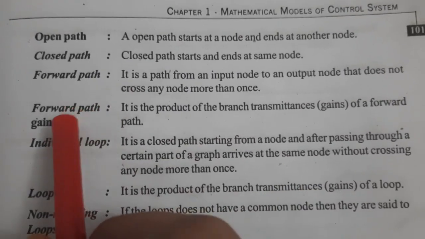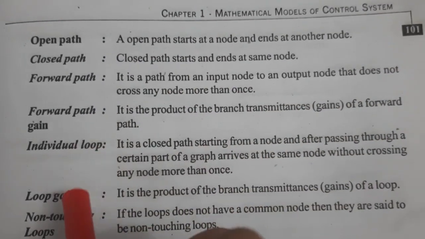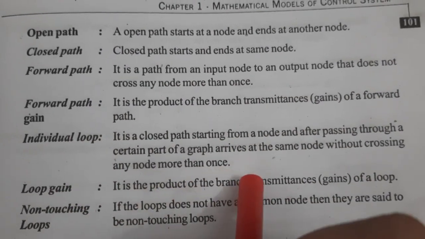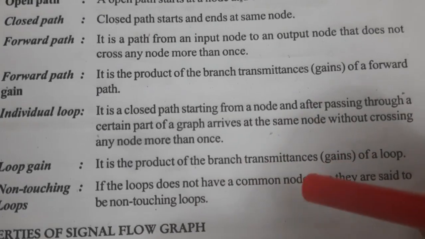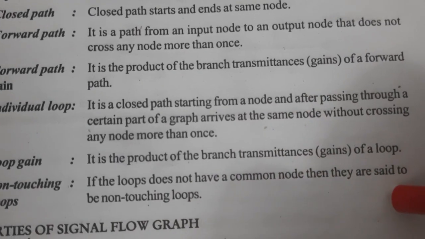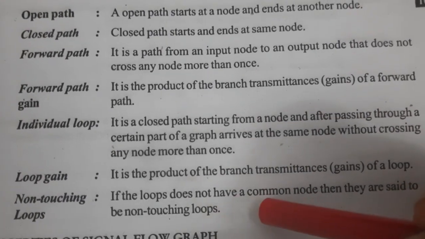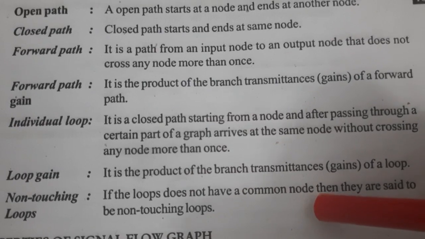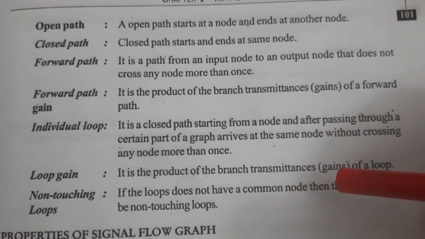Non-touching loops: if the loops do not have a common node, then they are said to be non-touching loops.